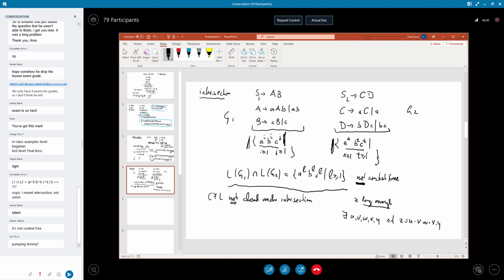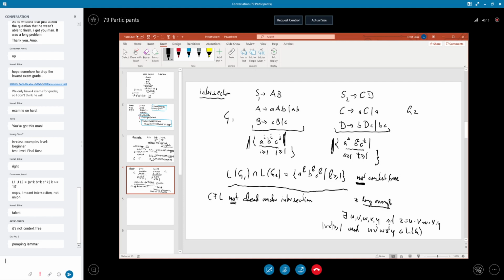And we know that V and X can't both be epsilon, so the length of V and X is at least 1. We can then say that V to the I, W, X to the I, Y is also a word generated by that grammar.